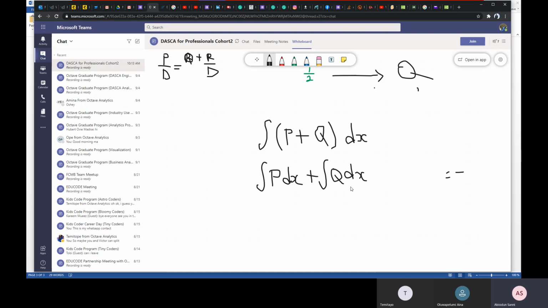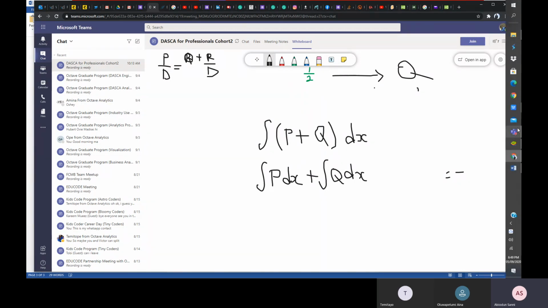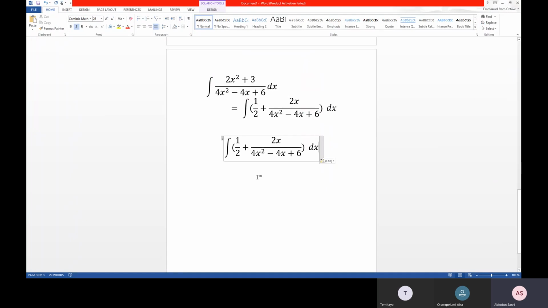It means integrate p plus integrate q. So the same thing is going to happen here.